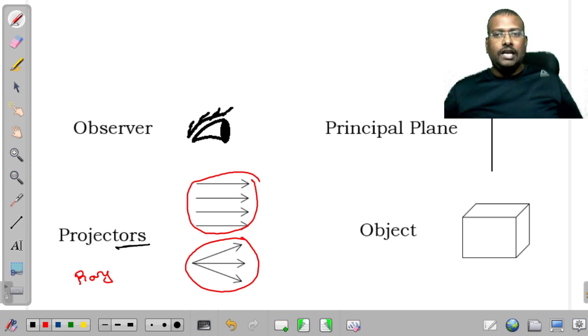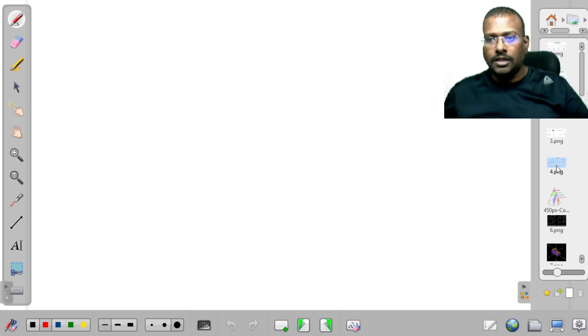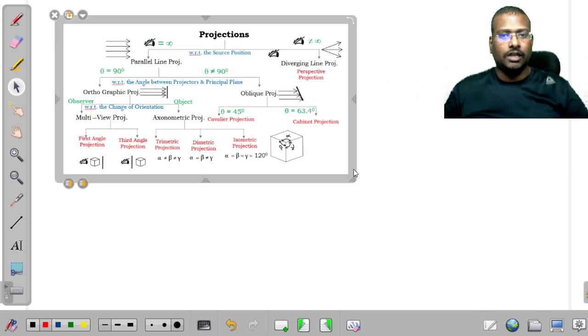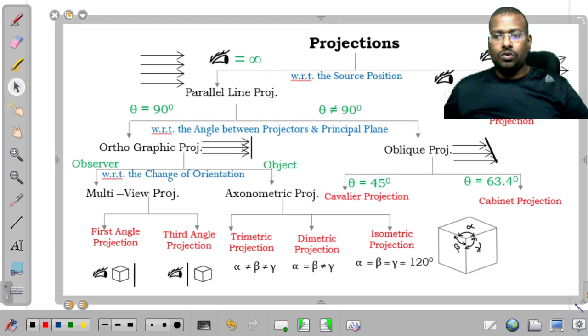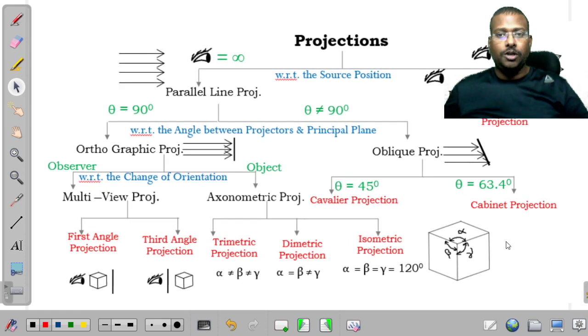Now, what is the classification of it? For your clarity, I have the classification chart in the beginning itself. I hope this is visible to all of you.